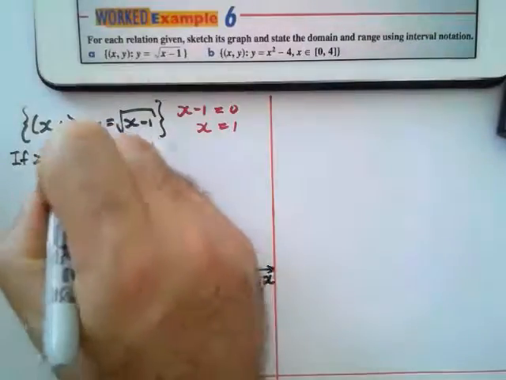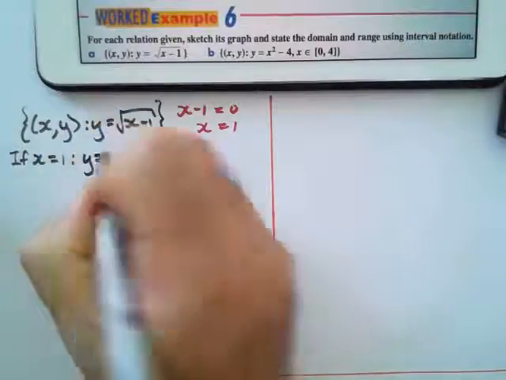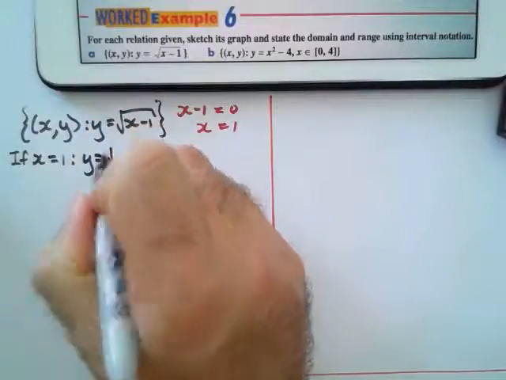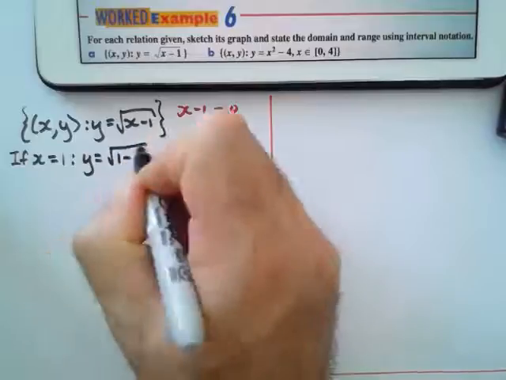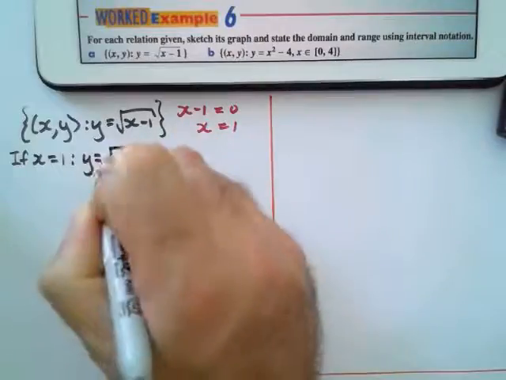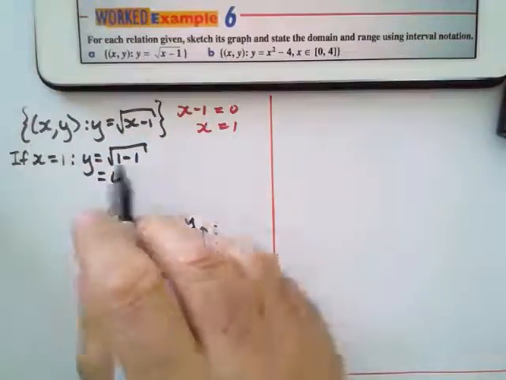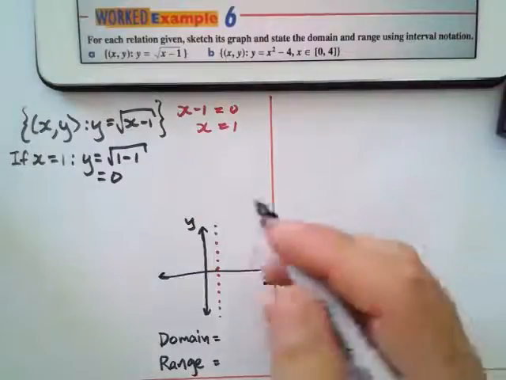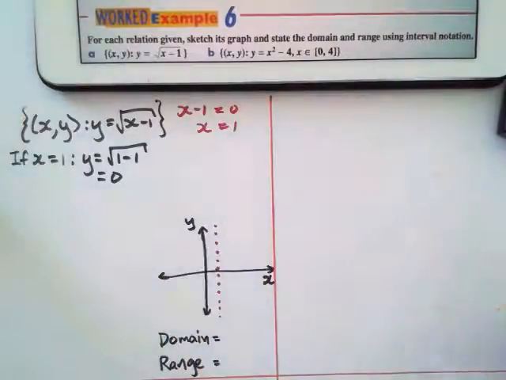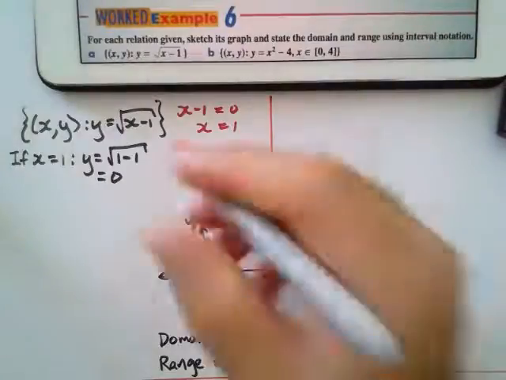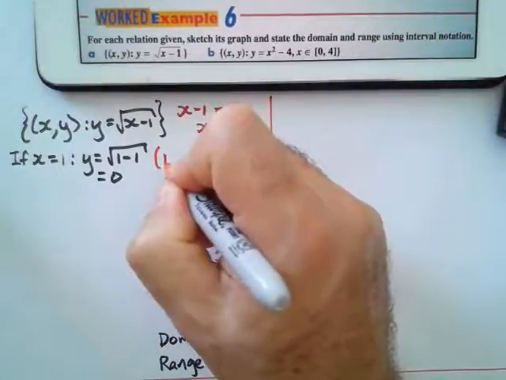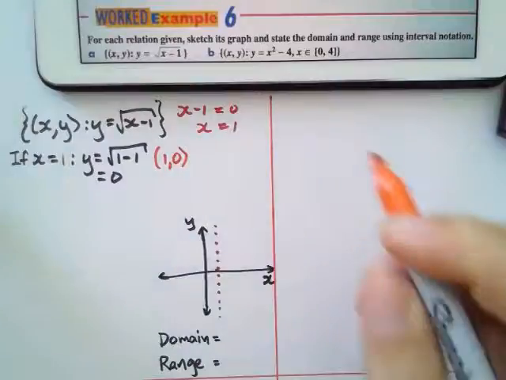If x equals 1, then y equals 1 minus 1, which is 0. The square root of 0 is 0, which means I have my first point: x is 1, y is 0.